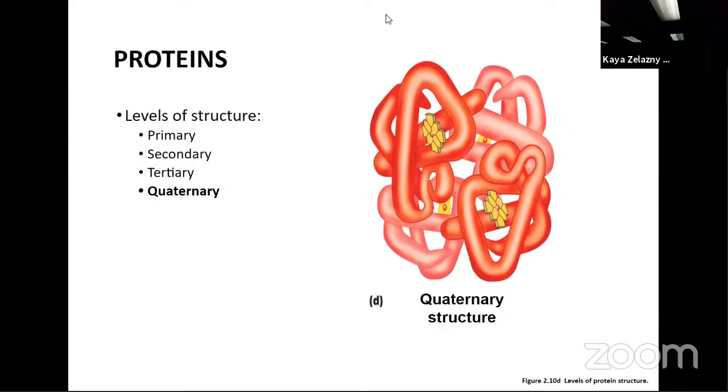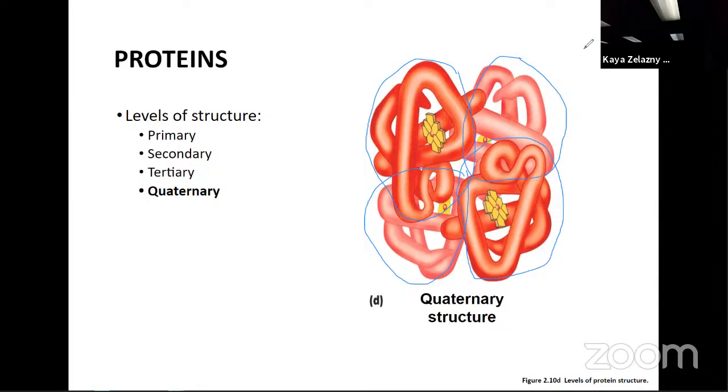This protein hemoglobin has 4 different parts, 4 different subunits, which is why they're slightly different colors. Here's one subunit, here's a second subunit, and then in the back we have the same thing. We have a third subunit, and here we have a 4th subunit.